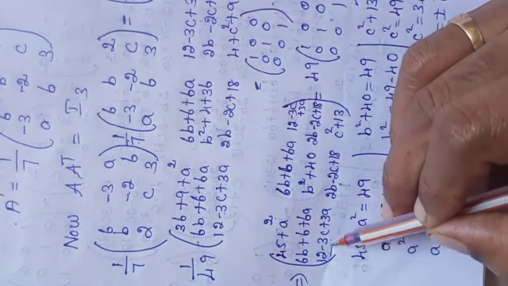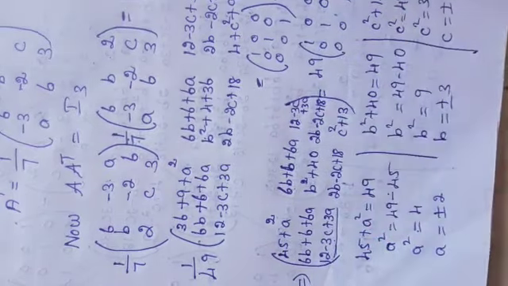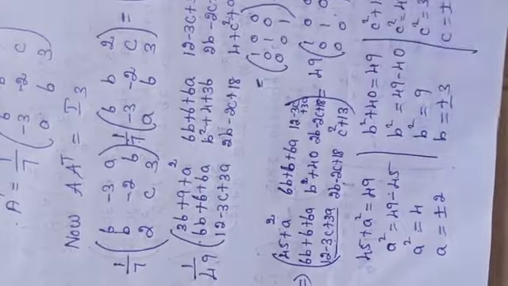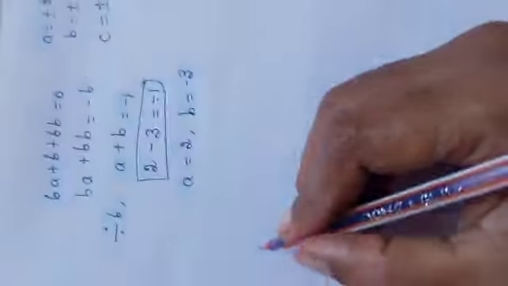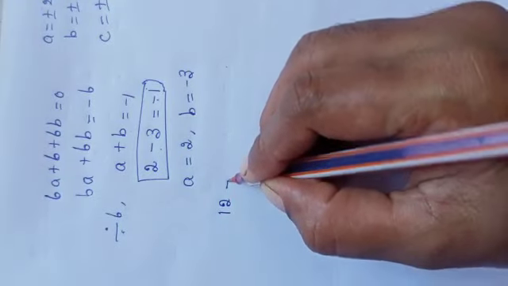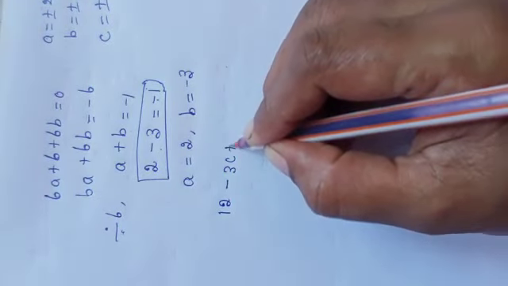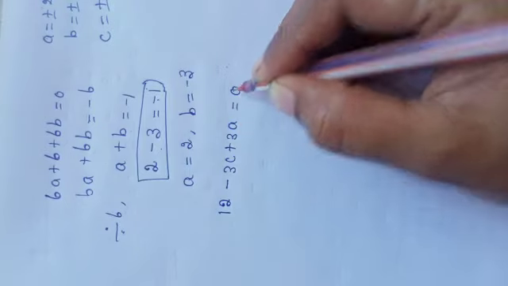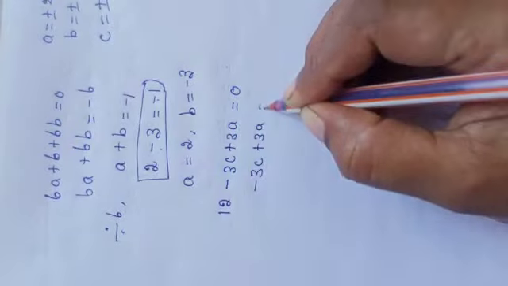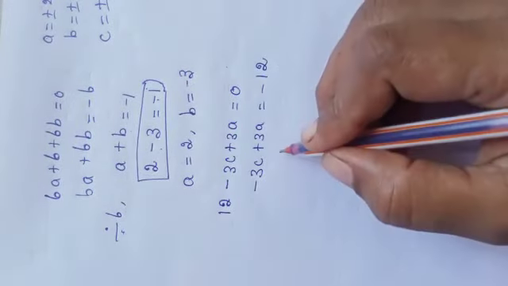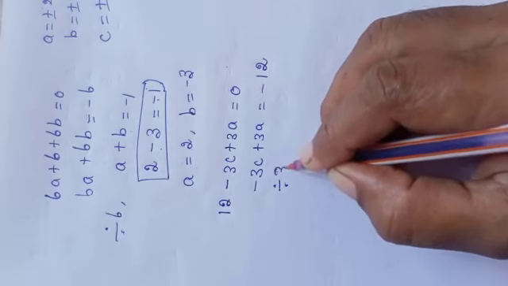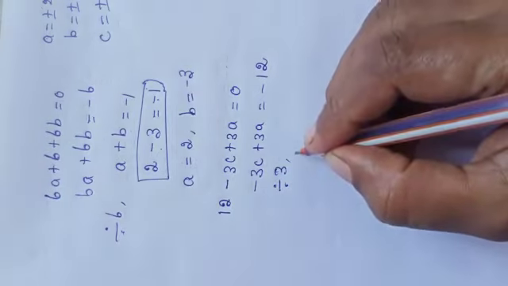So I am going to take this: 12 minus 3C plus 3A. Right hand side, the value 49 into 0, that is 0. So 12 minus 3C plus 3A is equal to 0, or minus 3C plus 3A is equal to minus 12. Before substituting A equal to 2, I am going to divide by 3 since 3 is common.